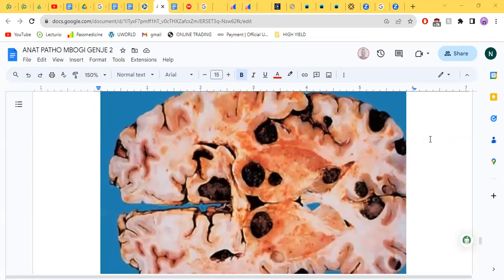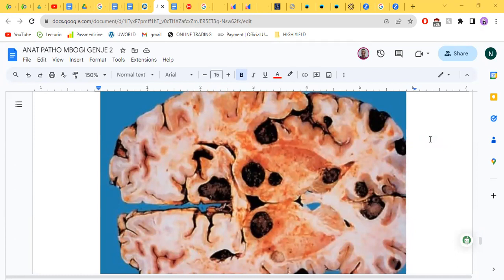Now, what can you see from this image? Multiple sites of necrosis. Maybe you can say multiple cysts, multiple diffuse necrotic areas. Now, let's try to come up with a diagnosis.